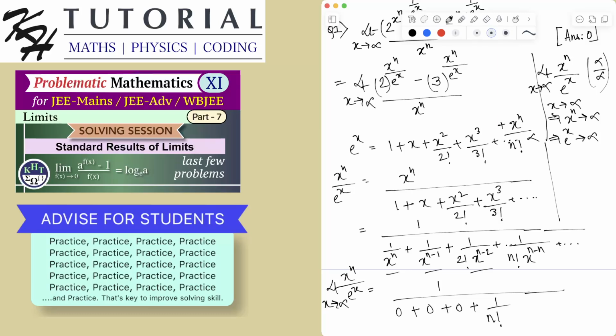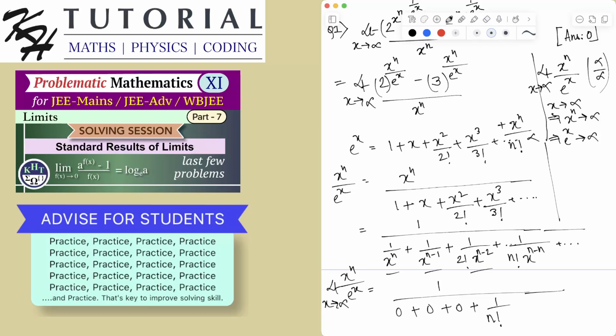X to the power n divided by e to the power x. What will be the limiting value when x is tending to infinity? N is a natural number. 0.